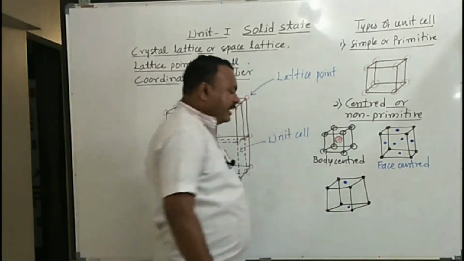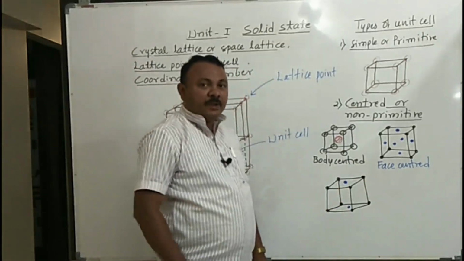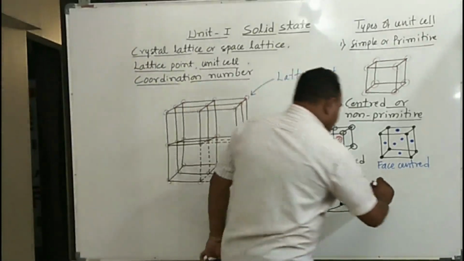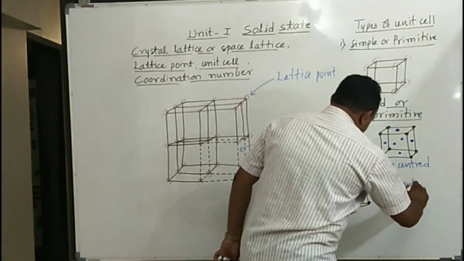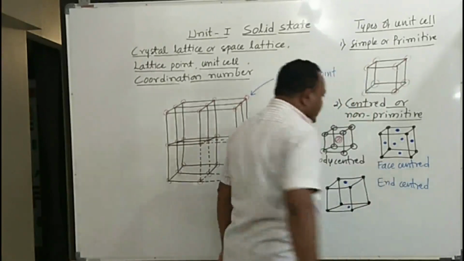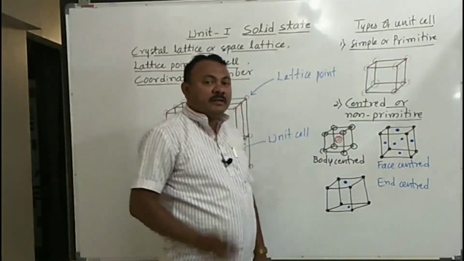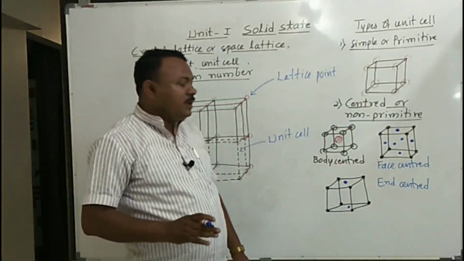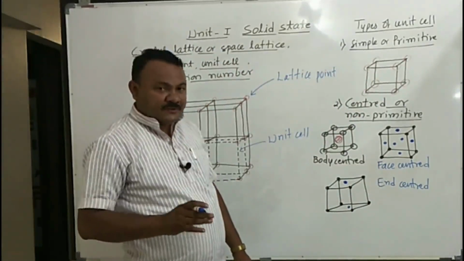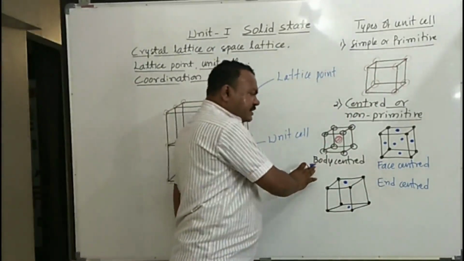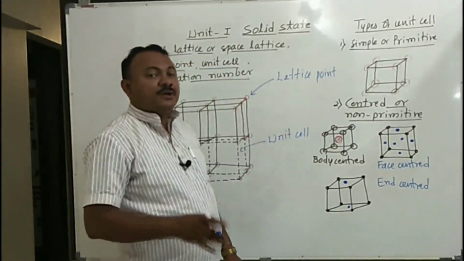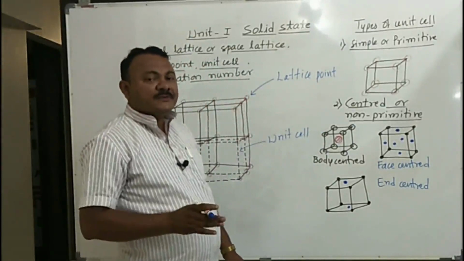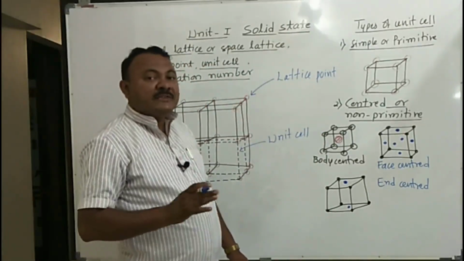At the center of any two opposite ends, we find the particle. Such unit cell is called end-centered unit cell. So there are 3 types of centered or non-primitive unit cells: body-centered, face-centered and end-centered. So this is how we divide unit cells into mainly 2 types based on the arrangement of the particles.